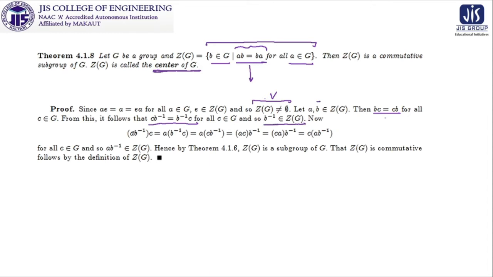And finally, after applying this operation A B inverse C, which is nothing but the associativity we have used, and then this particular property of Z(G), finally we show that this is C on (AB) whole inverse. So ultimately it is getting reversed. So for all C in G, AB inverse is in Z(G), so it is a subgroup, because we know that our requirement for being a subgroup is this: if A and B are in H, then A composition B inverse is also in H.